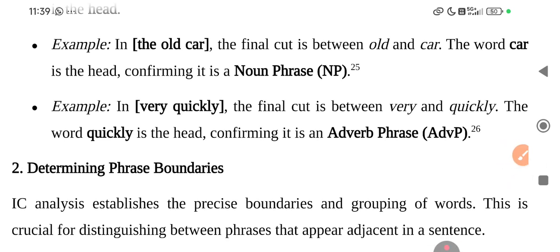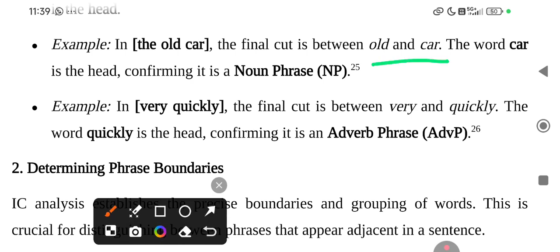So the final cut is between old and car, right? The word car is the head, confirming it is a noun phrase. So the old car is a noun phrase. Why is it confirmed?